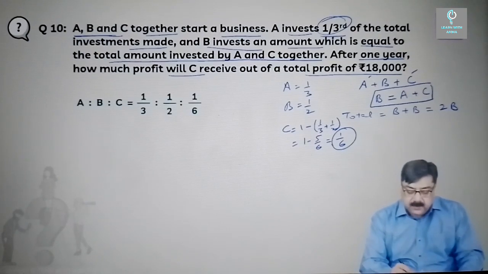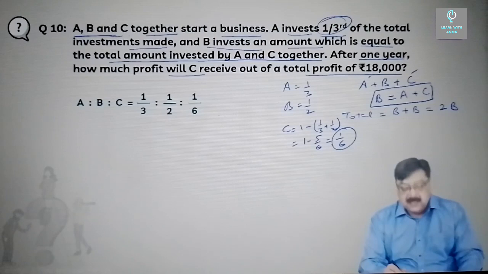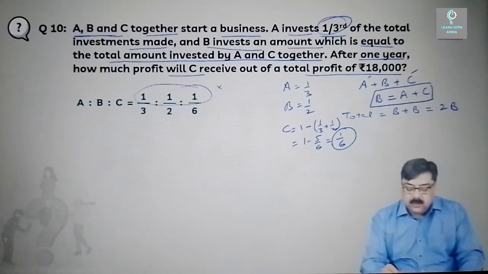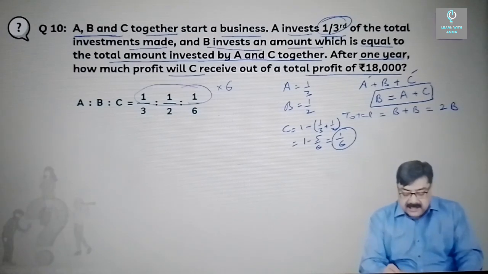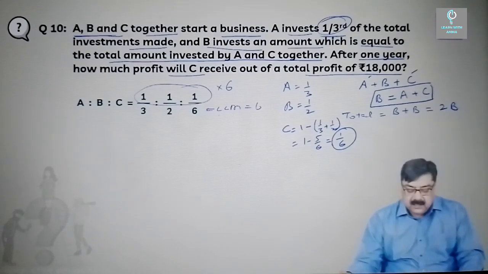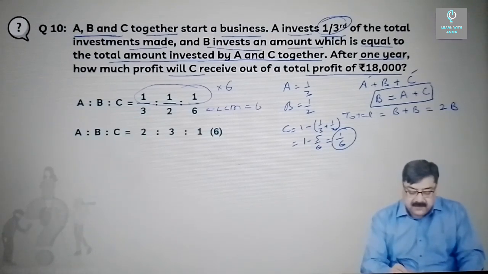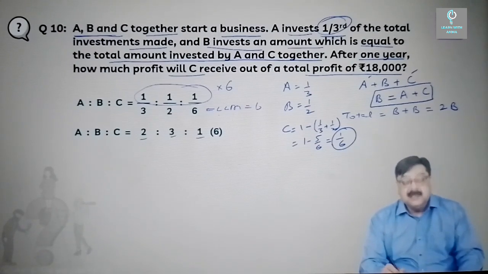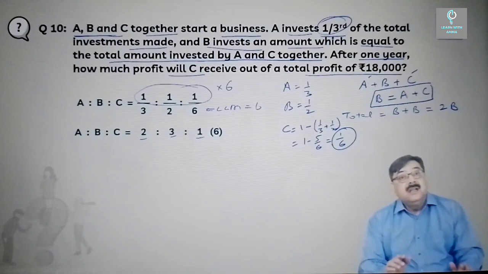Now we know A is to B is to C is 1/3 is to 1/2 is to 1/6. Now multiply all by 6 because the LCM of 3, 2 and 6 is 6. So you have 2 is to 3 is to 1, the ratio in which they should divide their profits.